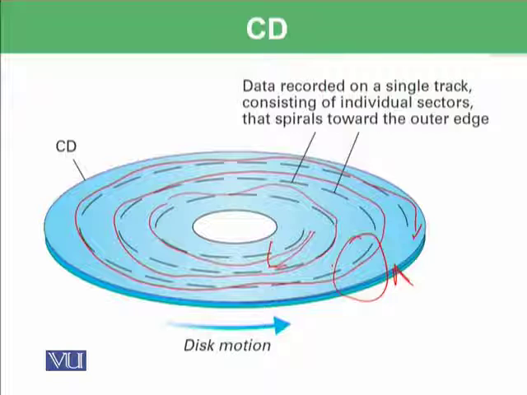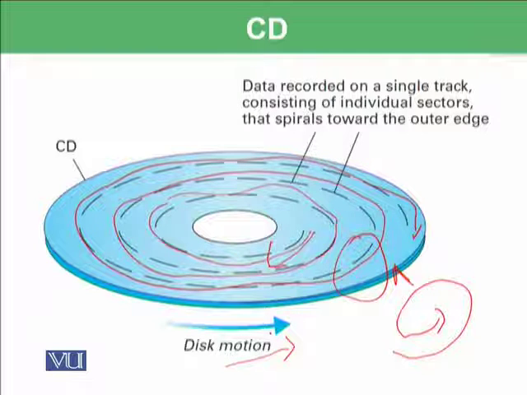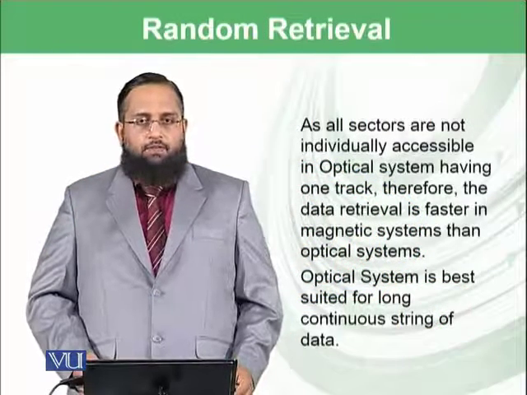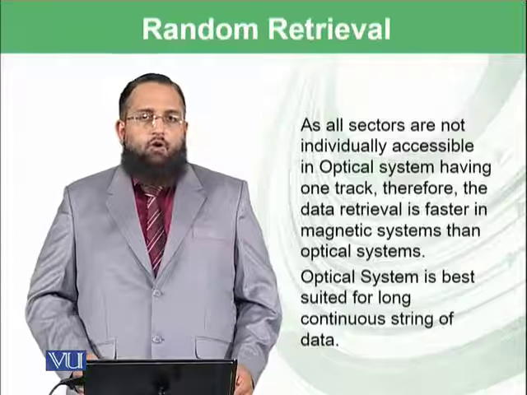Here the whole CD will spin in this direction. You might have seen that when you change the track of the audio music, it spins a lot because it wants to reach the position from where the data can be read. So in a CD, random retrieval is not possible. This is one of the shortcomings of storing data on a CD.